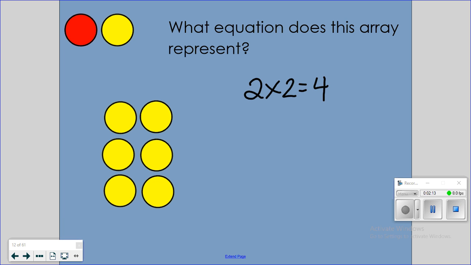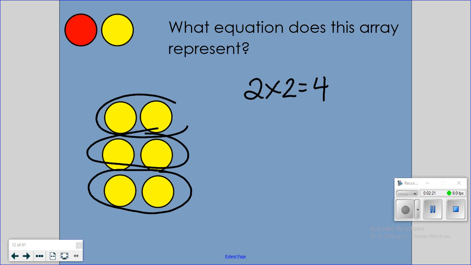I have 3 groups. I see my 3 groups, Bella, but how many is in each group? 3 groups of 2. Let's write that equation. 3 groups of 2 equals, how many total? 6. 3 groups of 2 gives me 6.